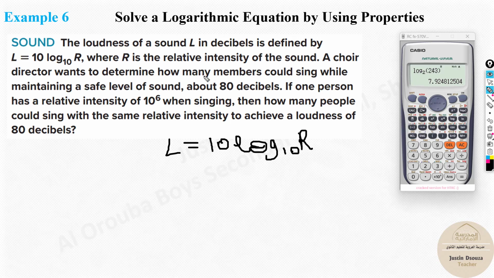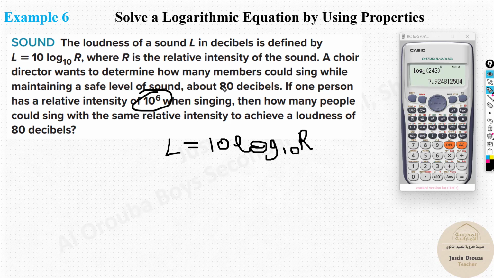Now imagine I'm speaking at a certain intensity. That is a certain level. It can be measured in different ways. It's given over here that the relative intensity of one person is 10 to the power 6. It's a million.